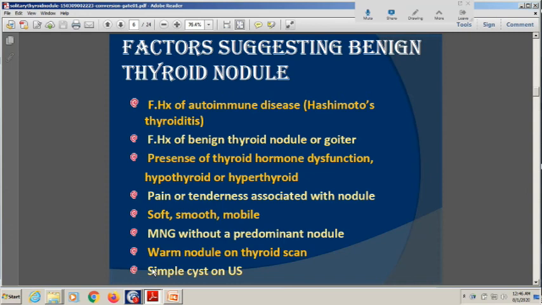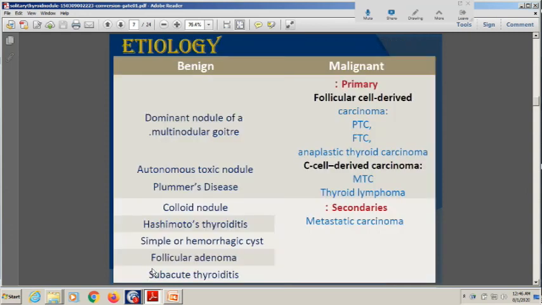Now the etiology for benign nodules, again the same thing: a dominant nodule of any MNG which is present as a solitary nodule, autonomous toxic nodules, colloid goiter, which can convert into malignancy, Hashimoto thyroiditis, simple hemorrhagic cyst, follicular adenoma.